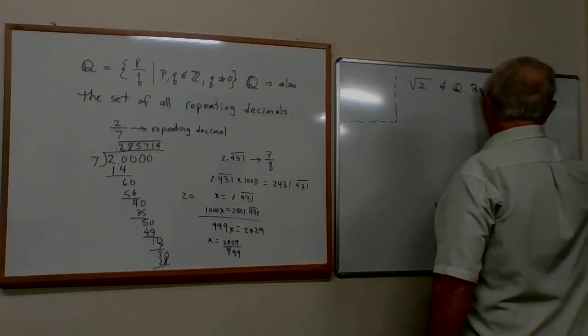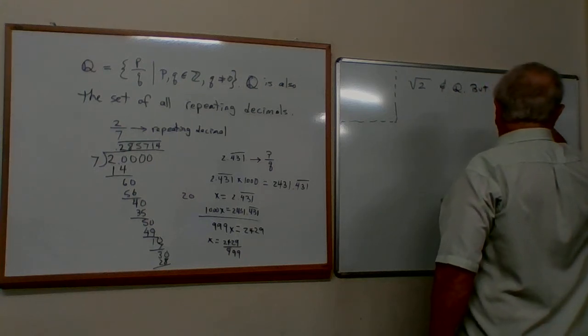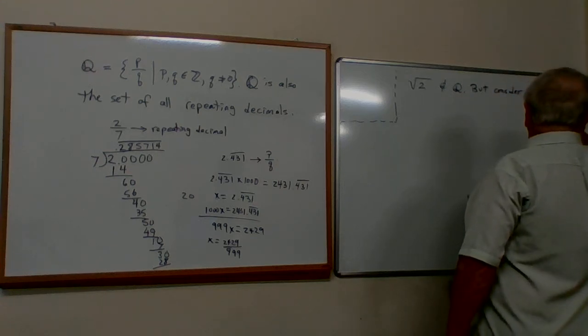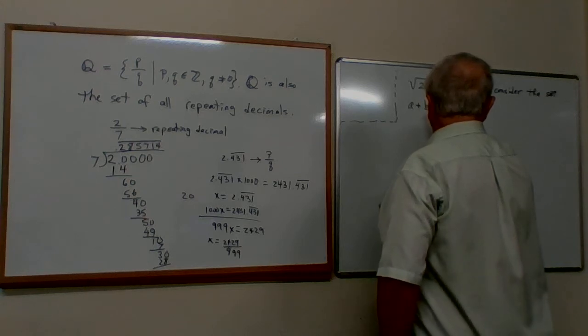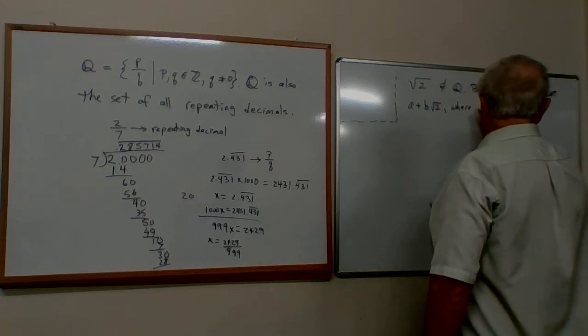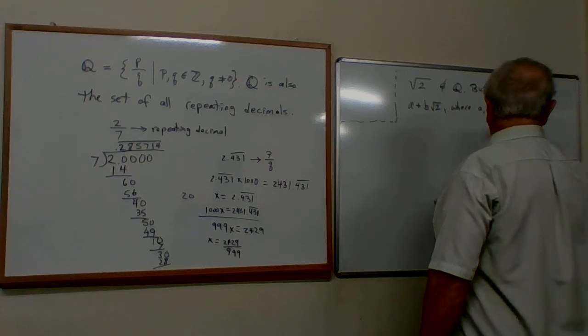But consider the set a plus b times the square root of 2, where a and b do live in the rational numbers.